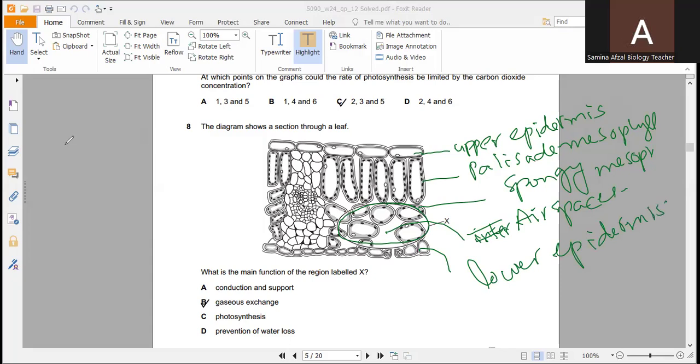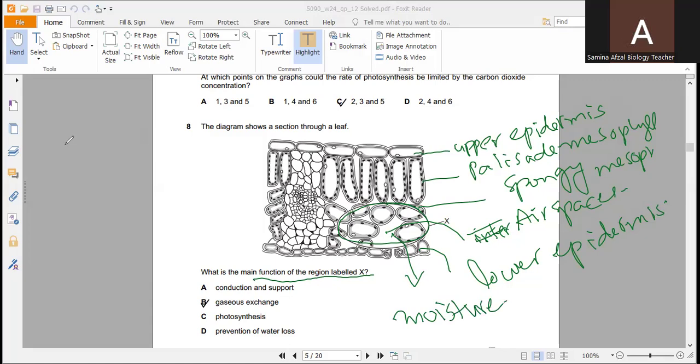Now, what is the main function of the region labeled X? Air spaces will not support conduction. Yes, gaseous exchange takes place in the air spaces because a thin layer of moisture is there, so it helps the diffusion of the gases.